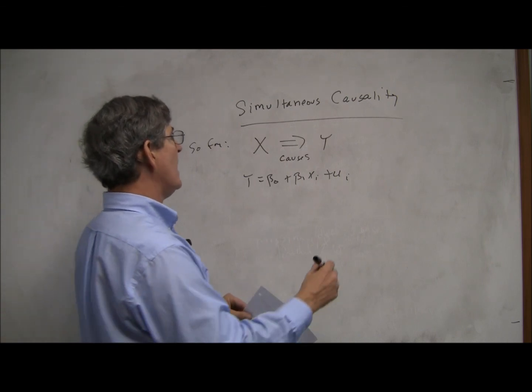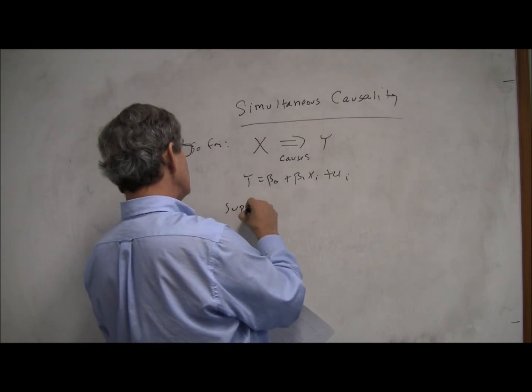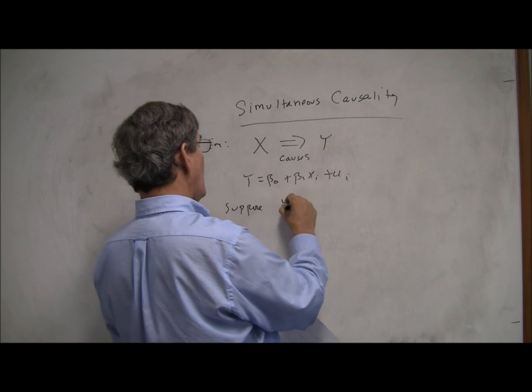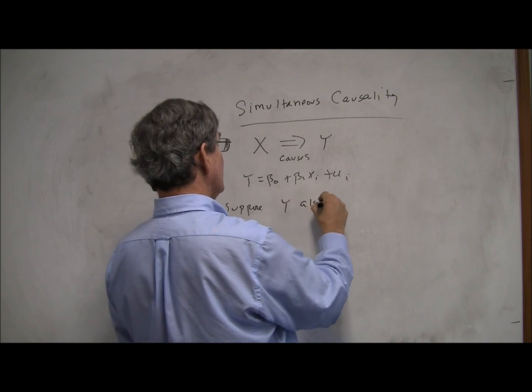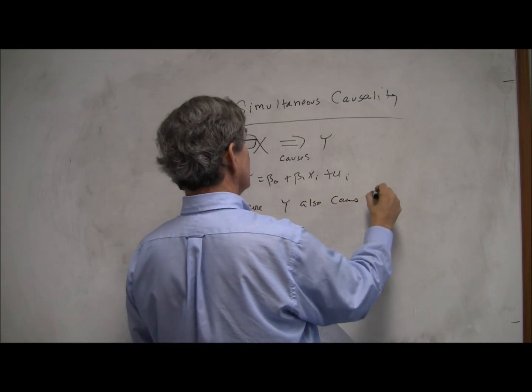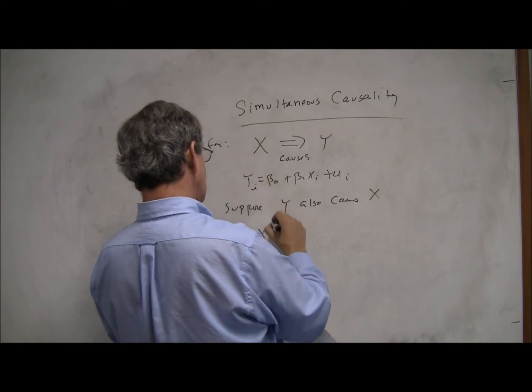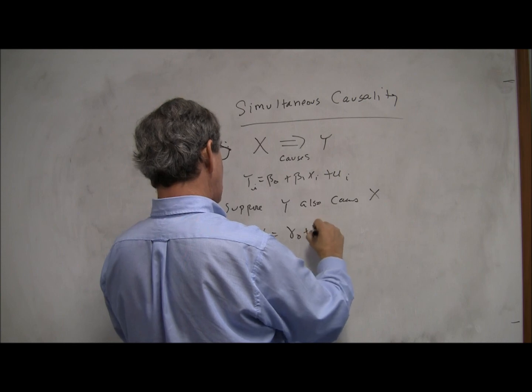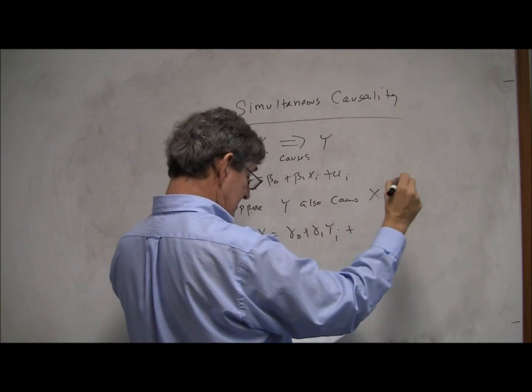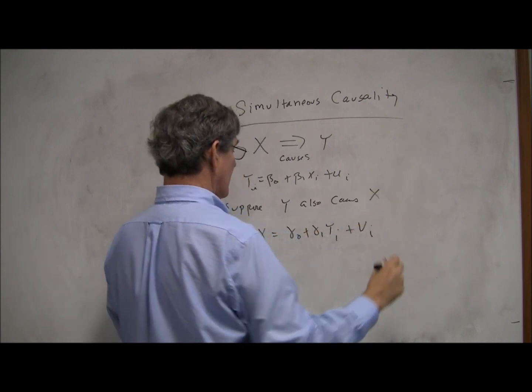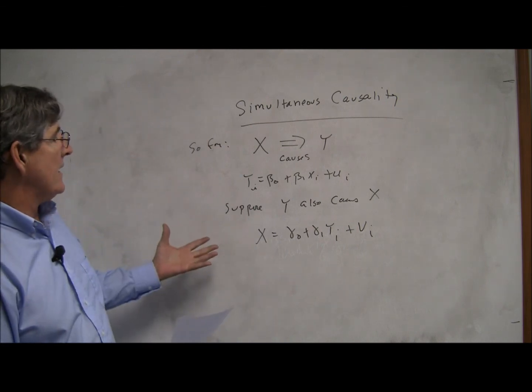Not only does x cause y, but suppose that y also causes x. There's another equation where xi is gamma 0 plus gamma 1 yi plus vi. So now we've got two-way causality.